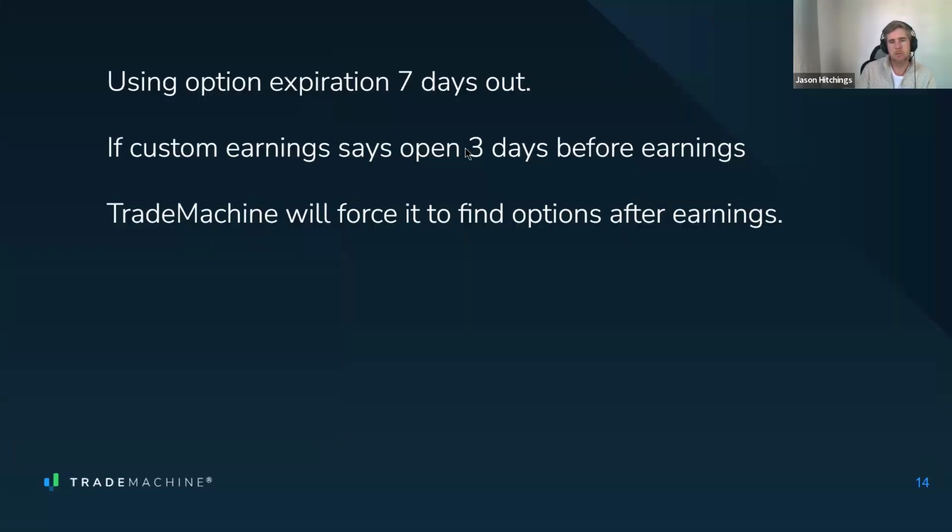So if we're going to open 3 days before and the option is 7 days out, then the logic that the backtester applies, that TradeMachine applies, is it says, okay, you are going to be purchasing an option 3 days ahead of earnings.